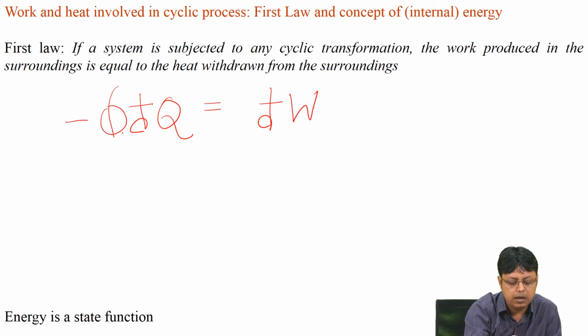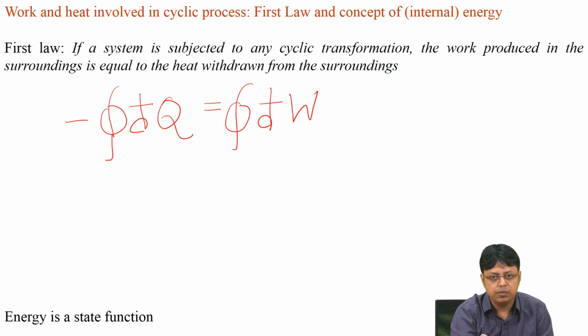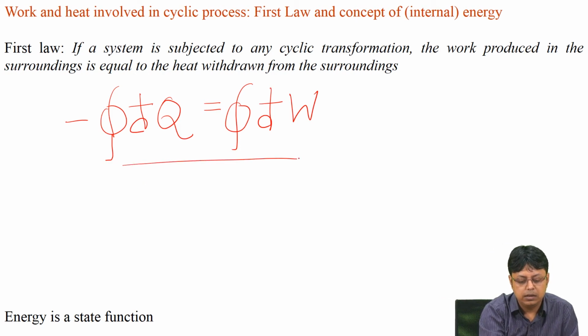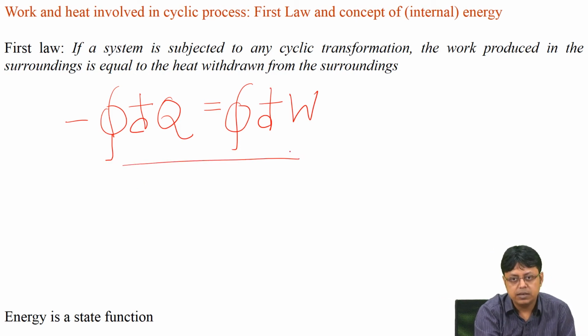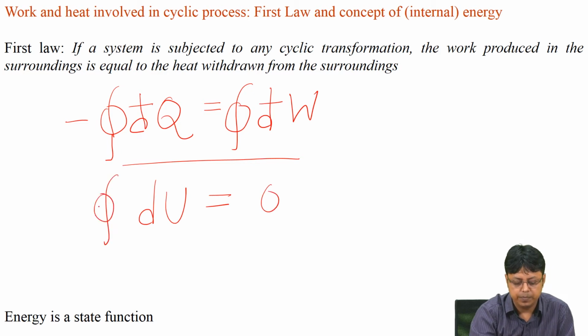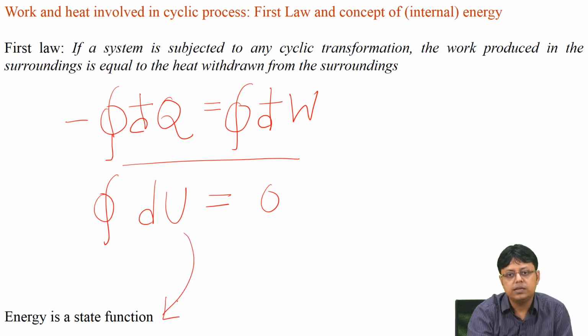We are keeping a negative sign just to make sure the convention is correct, and then by adding them we got dU for any cyclic process is 0, which we stated in different words: energy is a state function, unlike heat and work.